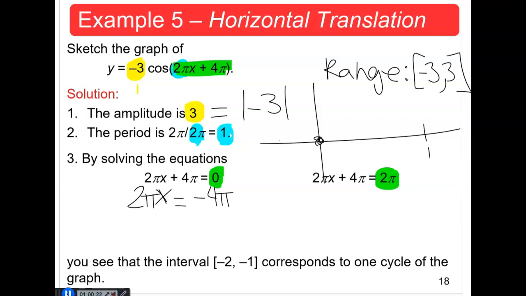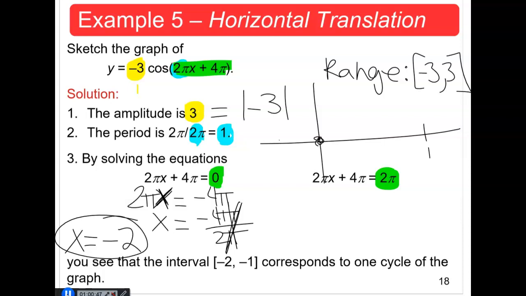Okay, we're still trying to solve for x, and 2 pi happens to be multiplying x, so if we move the 2 pi across, it's going to be dividing, so negative 4 pi divided by 2 pi, and this will give us x is equal to negative, we cancel the pi, and we will have negative 4 over 2, which is negative 2.